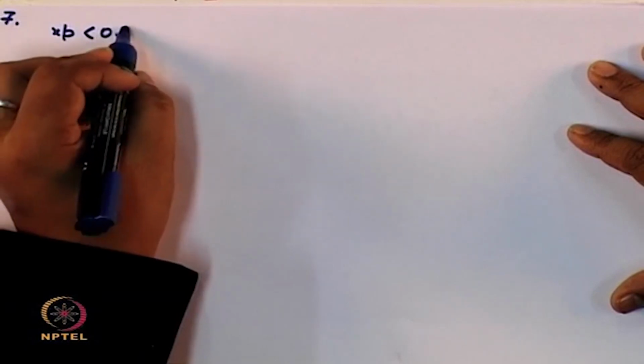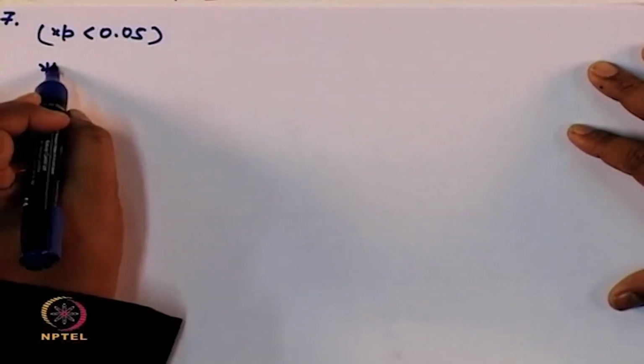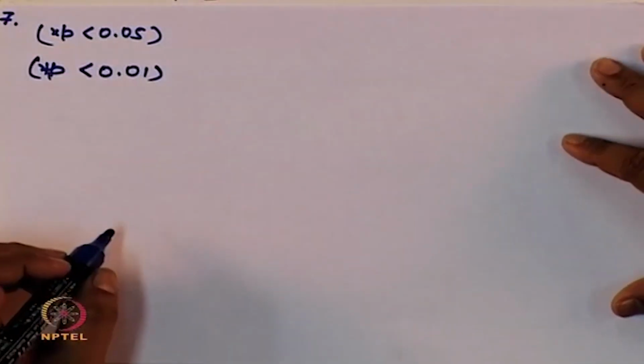If you look at research papers, you might see words like star p less than 0.05, or star p less than 0.01. Now, what is accepted?